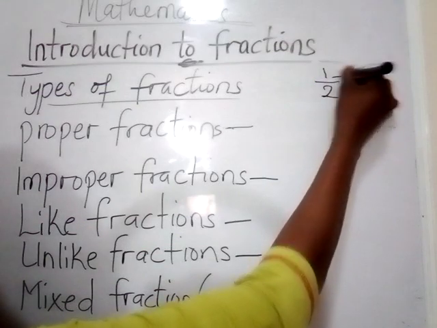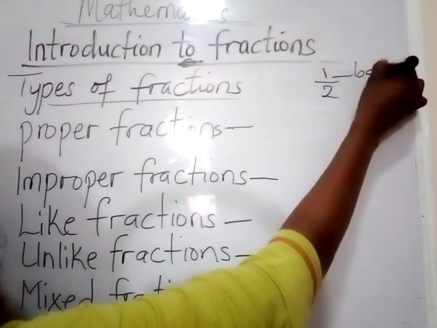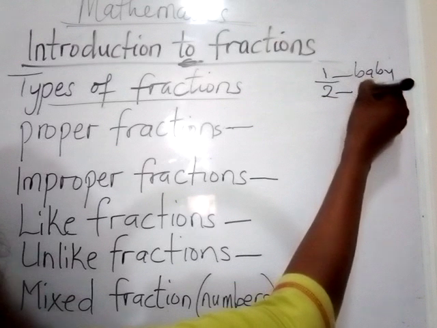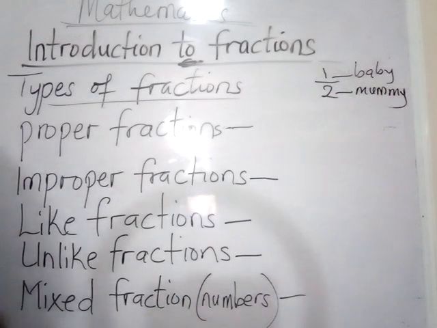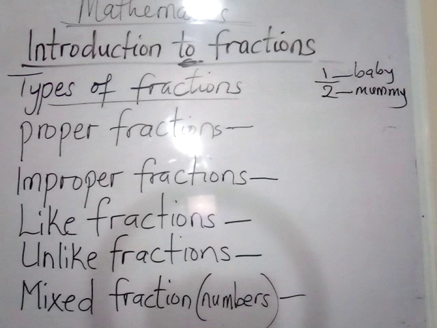I'll tell them something about the numerator being the baby and the denominator being the mommy. This is just to help you to remember them so that you don't get confused about proper and improper fractions. I'll make a connection between these, the proper fractions and the baby and mommy, the improper fraction and the baby and mommy, so that you'll be able to easily tell which is which.